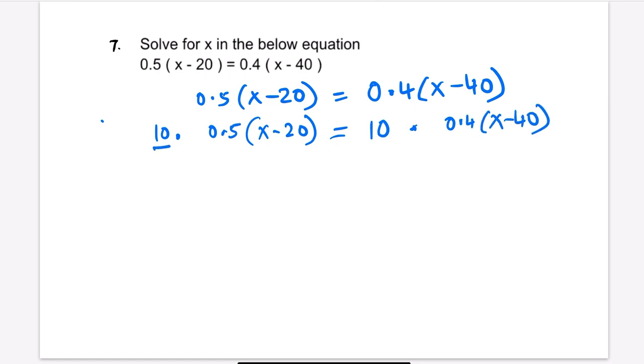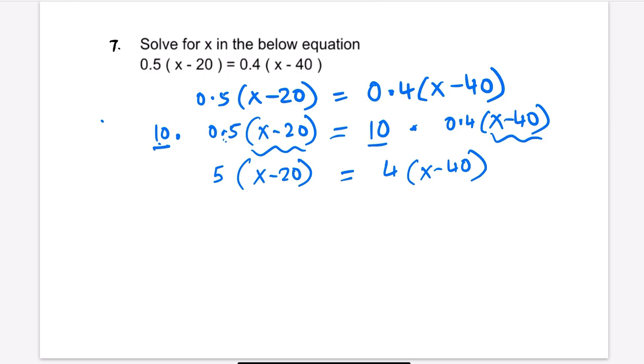I'm just multiplying both sides with 10. So now 10 times 0.5, or 10 times 5/10, is 5. And we are left with 5 times x minus 20 is equal to 10 times 0.4, or 10 times 4/10, is 4. And we are still left with x minus 40.